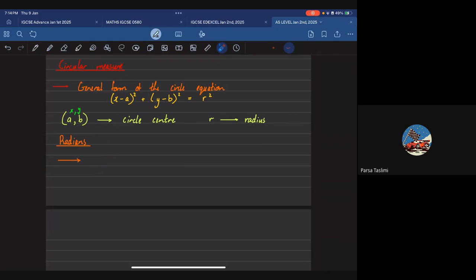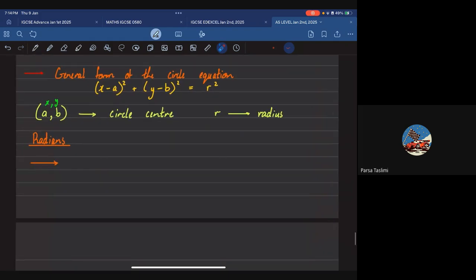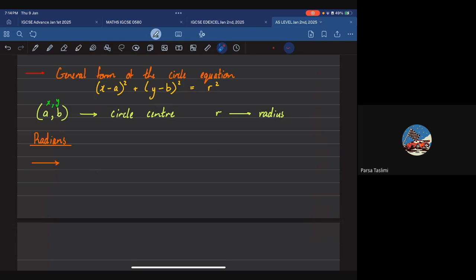Usually, from IGCSEs, we express angles in degrees. For example, if a triangle has a 90-degree angle, we'll say that the triangle has a 90-degree angle. We're trying to measure it in terms of degrees. This is the same case as writing 9 centimeters or 9 meters, or whatever it is. So radians are just alternative ways of measuring angles.